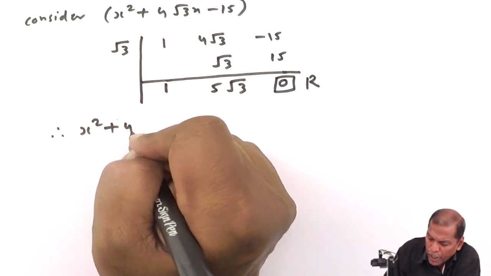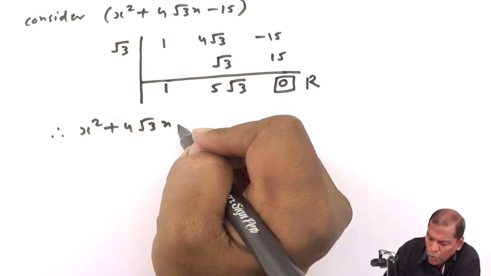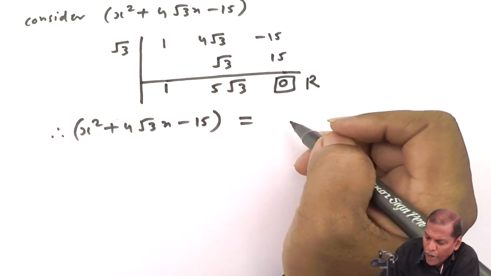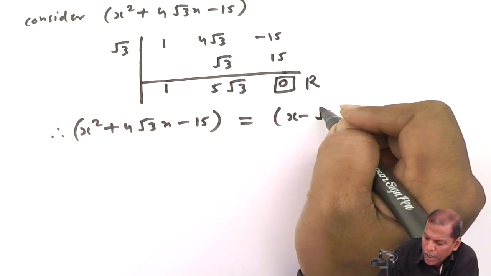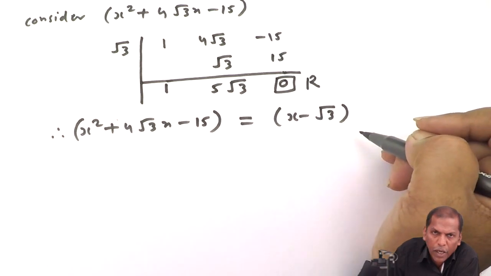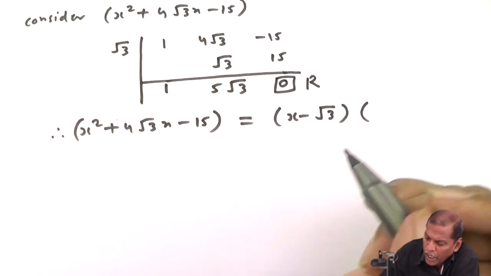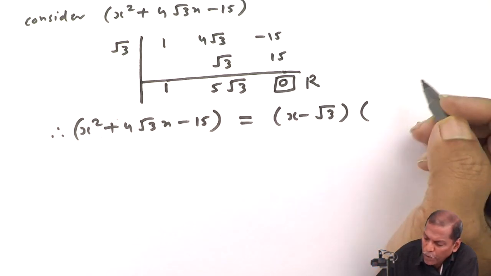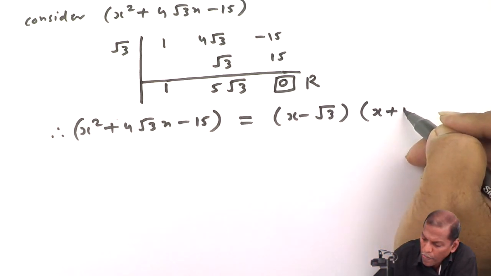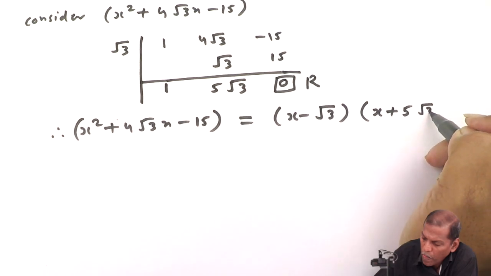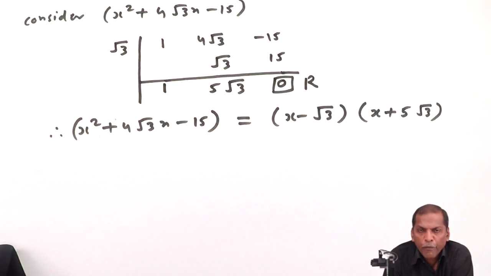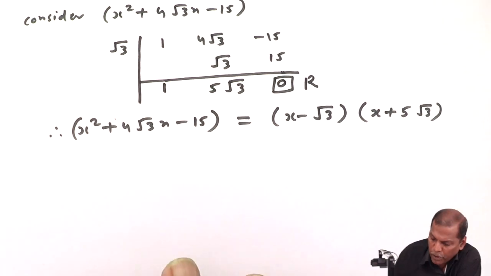Therefore, x square plus 4 root 3 x minus 15 can be factorized as x minus root 3 as one factor, and the other factor is x plus 5 root 3. So in this way we factorize the term present in the denominator.